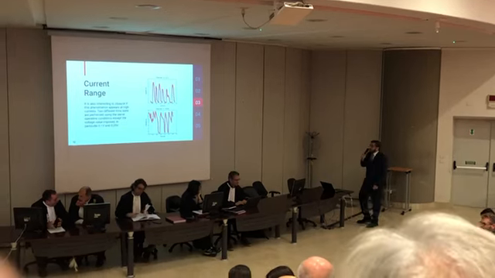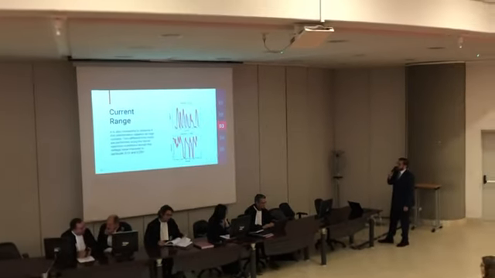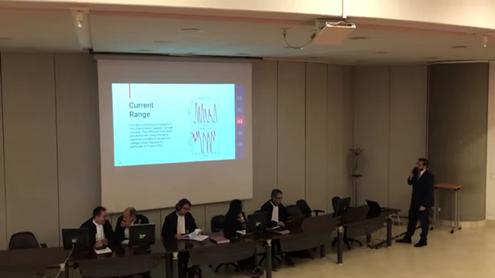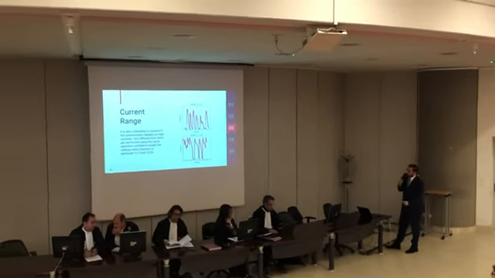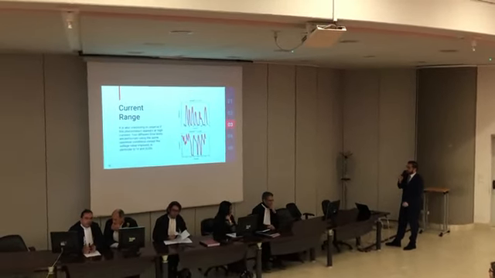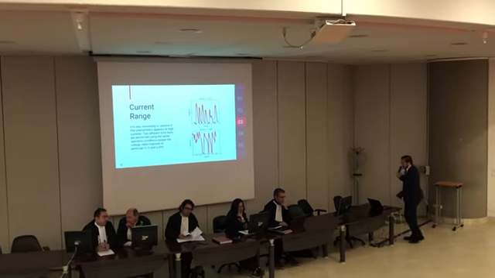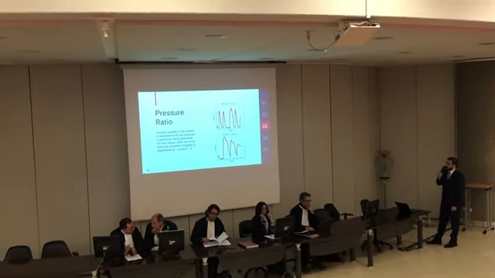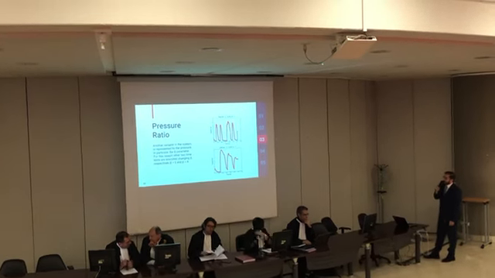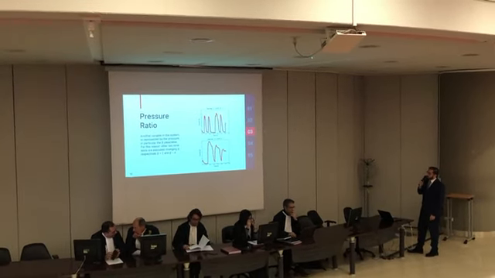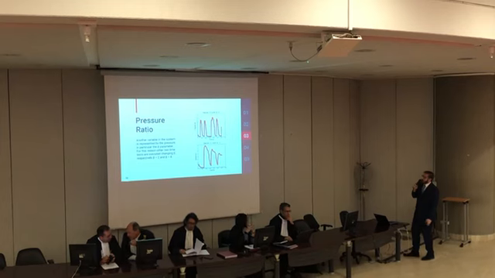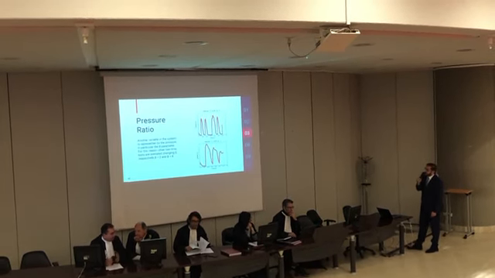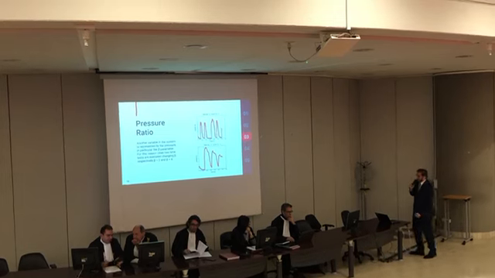I tried to change the current range, in particular imposing a different value for the voltage, 0.1 and 0.25, but the phenomenon persists. I also tried to change the pressure ratio, the beta parameter, imposing beta equal to 2 for the first test and equal to 4 for the second test, but also in this case the current fluctuations persist.